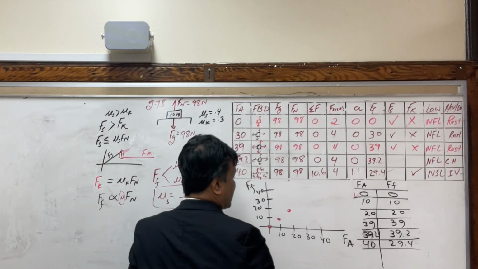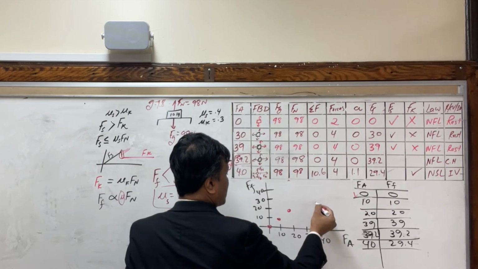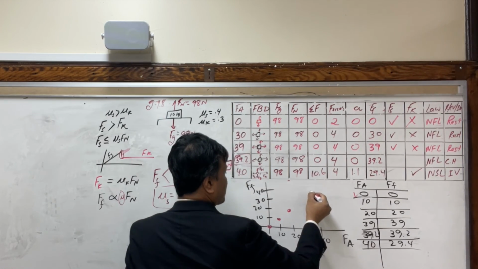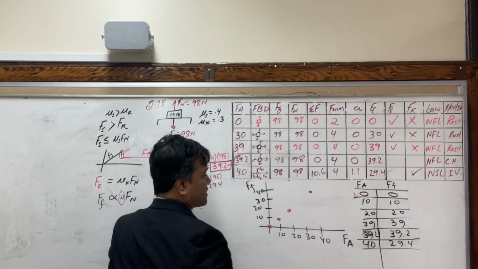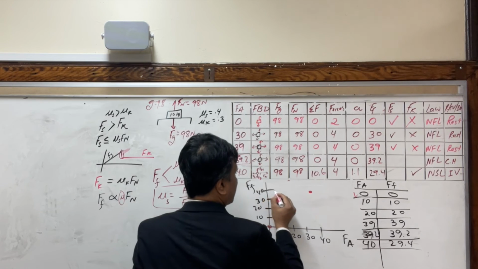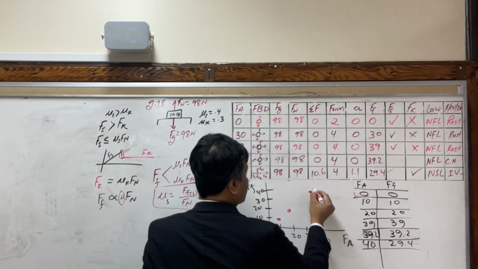All right, 39 comma 39. So far so good. However, 39.2 probably here. So 39.2 is going to give you 39.2.